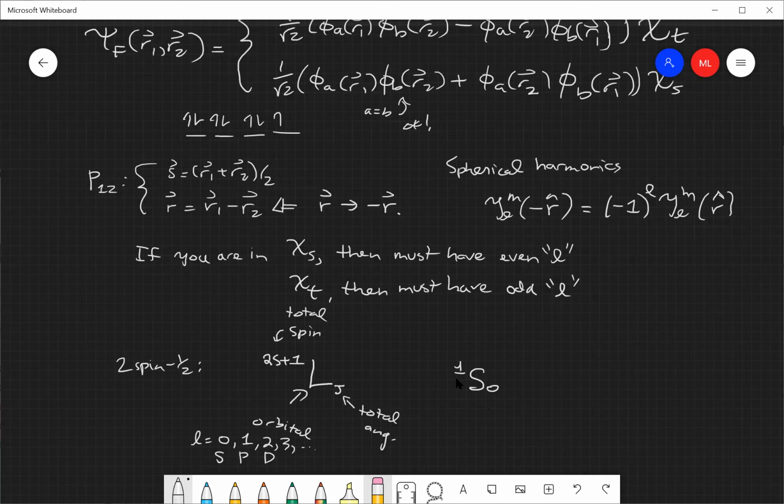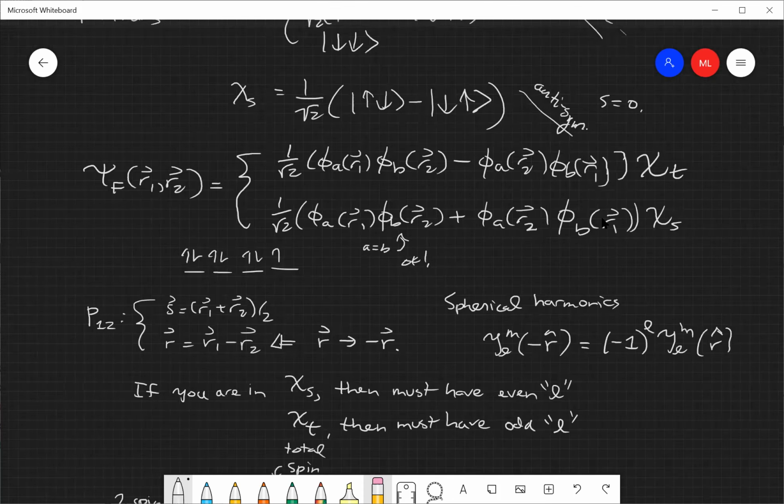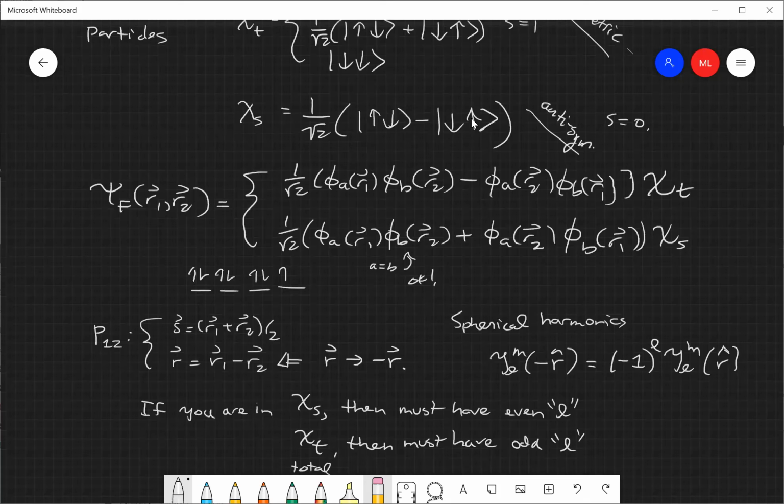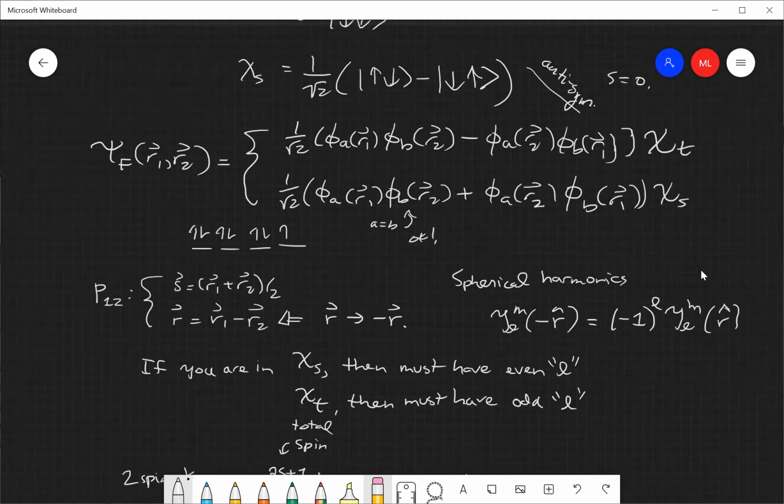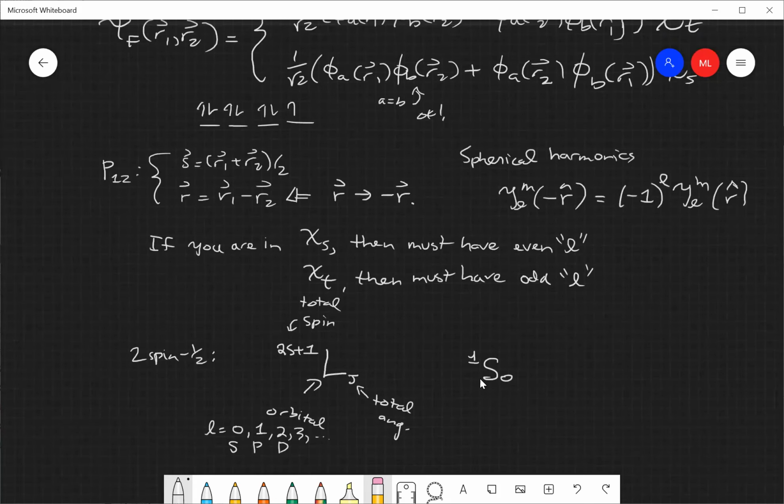So this is the spin singlet. This is the state for the spin and the state with 0 orbital angular momentum. So that would be one possibility. Another example would be 3P2. This is a total angular momentum of 2. The 3 means that we're in the spin triplet state, right?